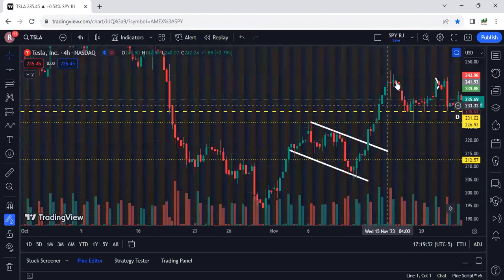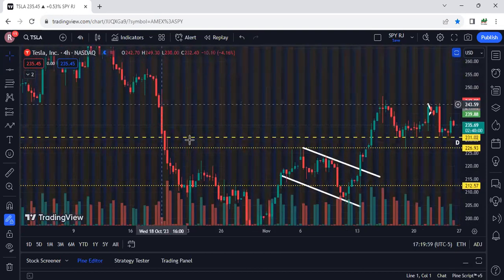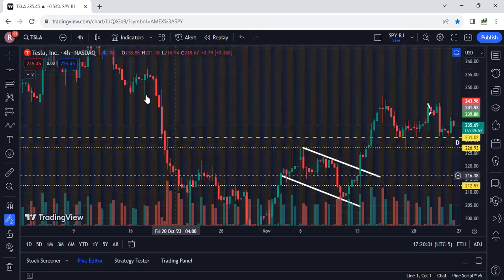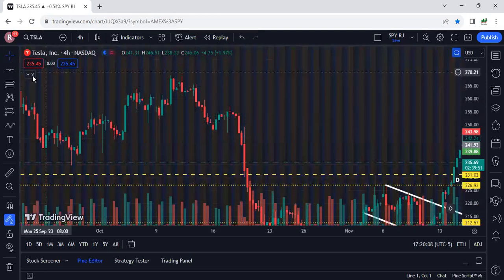A up move like this or a down move like this, it had to start somewhere, right? So you're looking for where this thing started. We actually had two down moves.